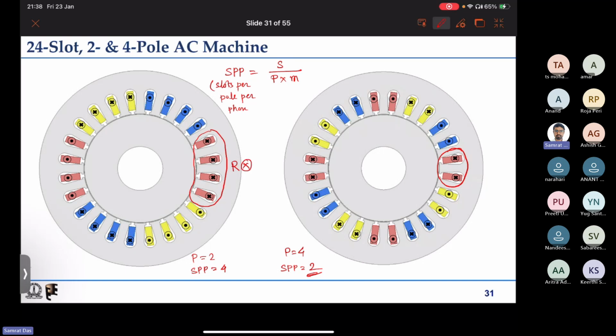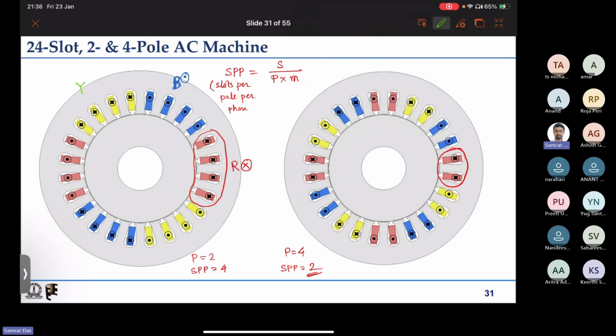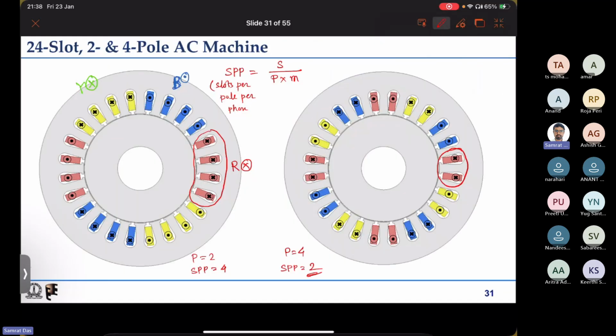First we fill red cross, then we go to blue dot, then yellow cross, then we reach red again, we put the red dots, then we go to blue again and we put blue cross, then we finish with yellow dot.